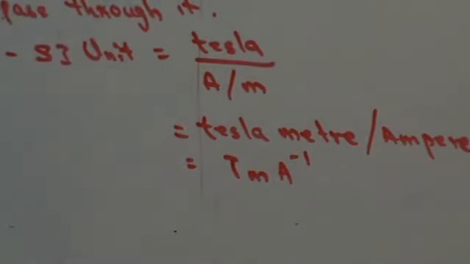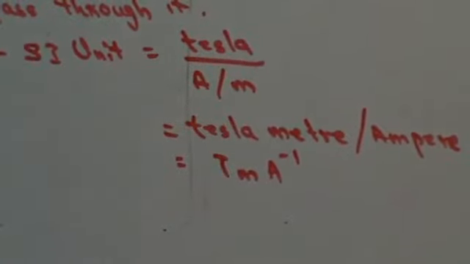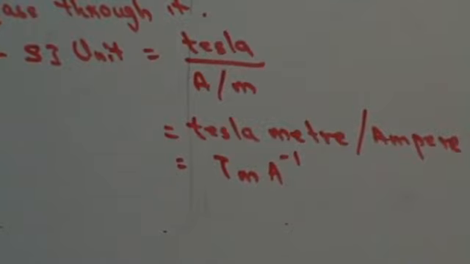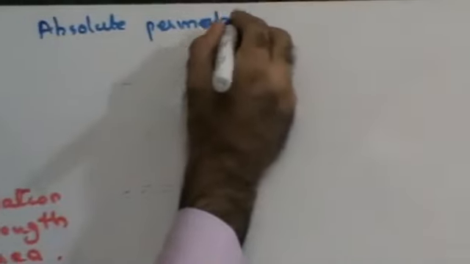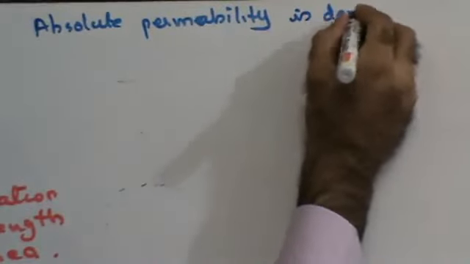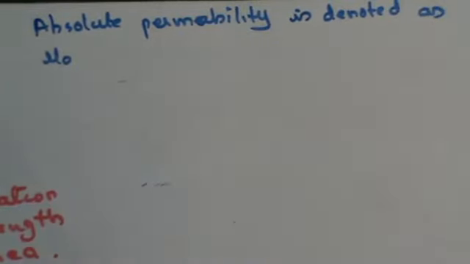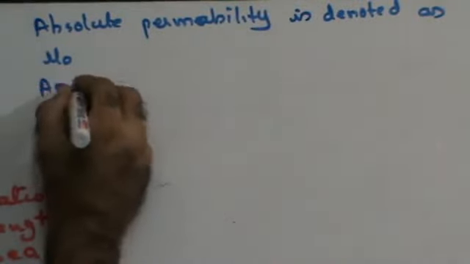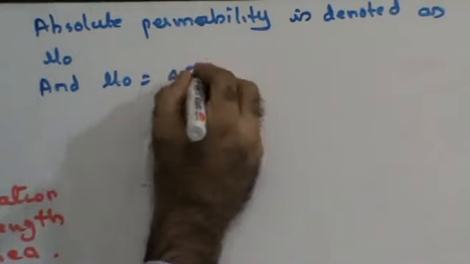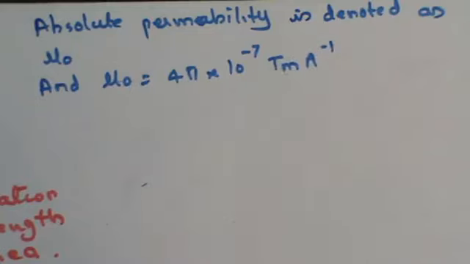Now, we know that absolute permeability is denoted as mu 0, and mu 0 is nothing but 4 pi into 10 raised to minus 7 Tesla meters per ampere.